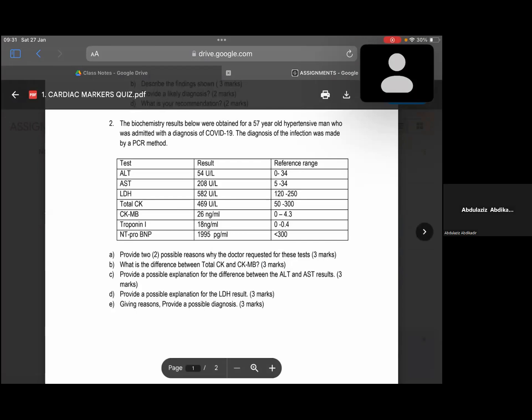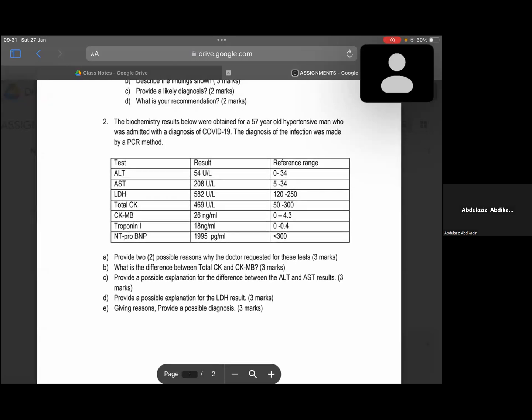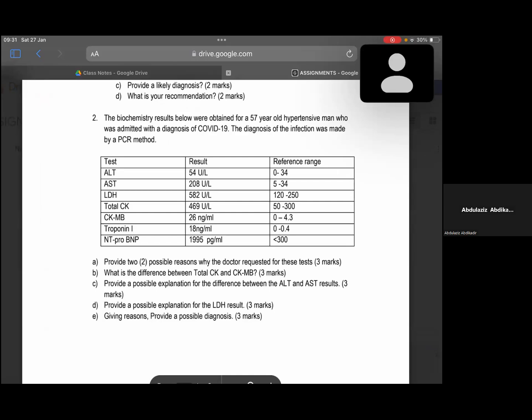The biochemistry results for that 57-year-old hypertensive man who was admitted with a diagnosis of COVID-19. The diagnosis for the infection is made by PCR method. So that's the table with the reference ranges. First of all, I want someone to interpret these results. Kindly, you can just type in the chat box. It's not difficult, just a matter of saying. Remember I told you last week, interpretation, you just say what you see.